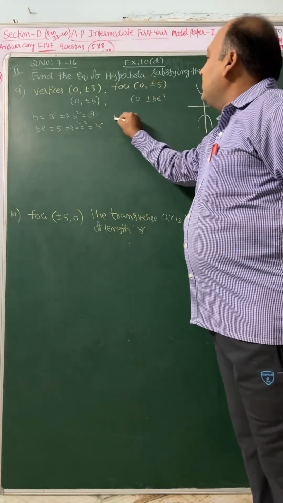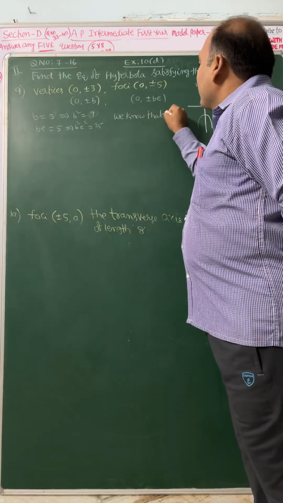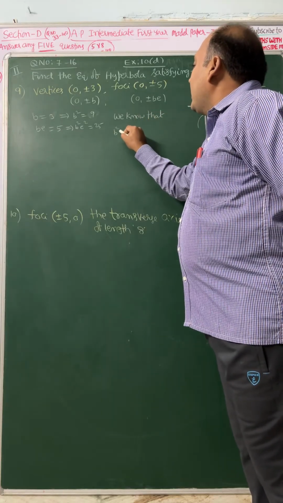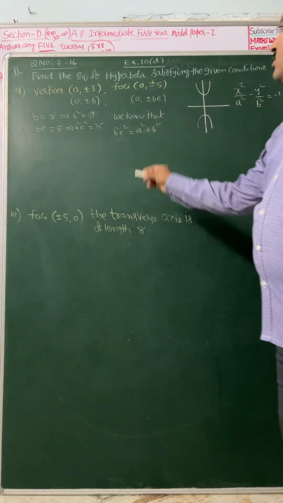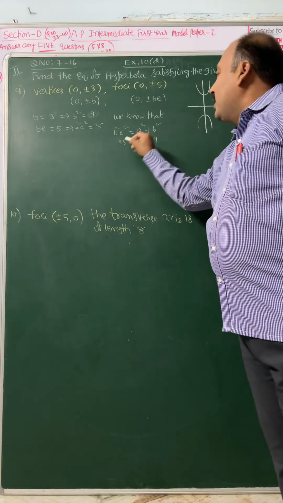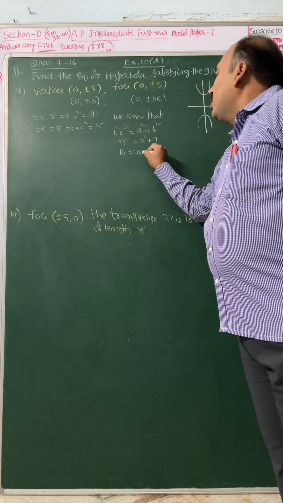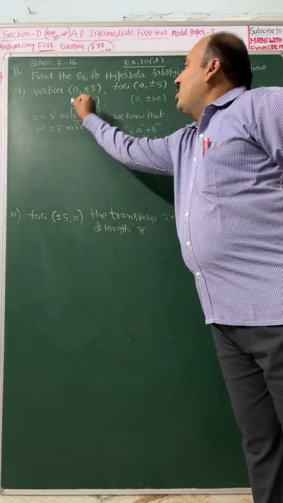We know that b square e square equal to a square plus b square. So substitute 25 is equal to a square plus 9, 9 bring this side, 16 equal to a square. A square value we got it, b square value also we got it.